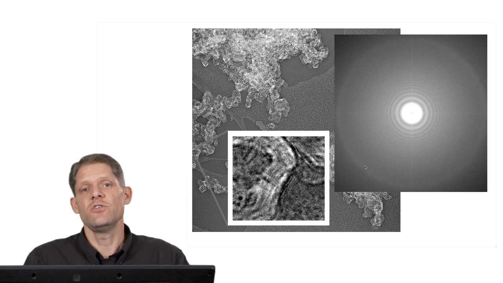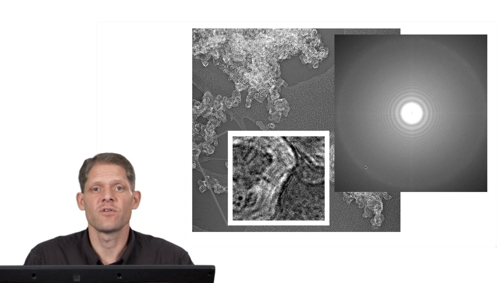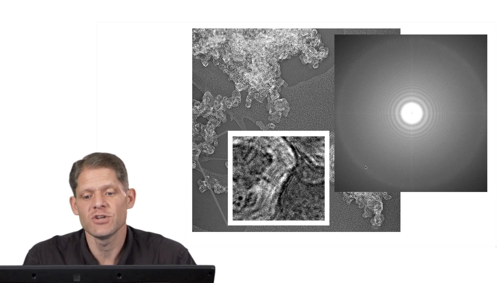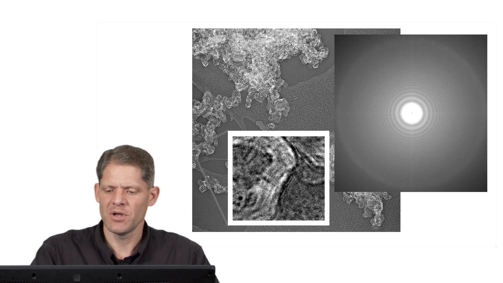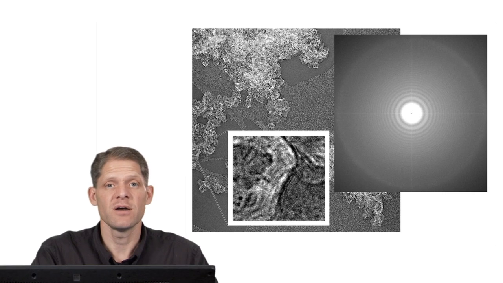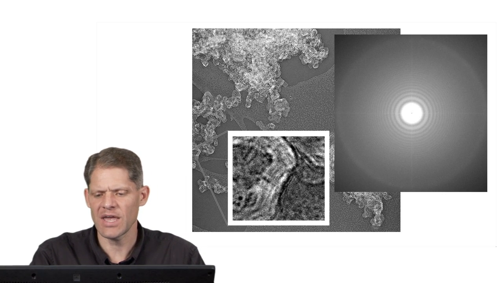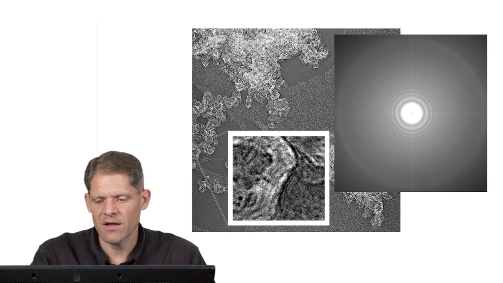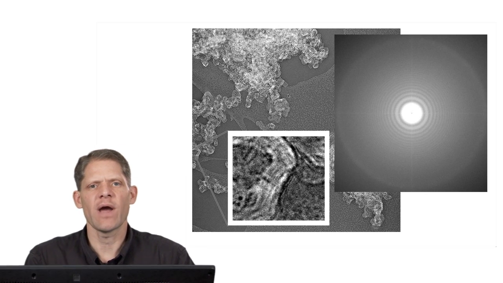Now, just to show you what this contrast transfer function looks like in a real image, here I'm showing an image that we recorded on a Polara electron microscope, a 300 kV FEG electron microscope, and the sample was graphite.